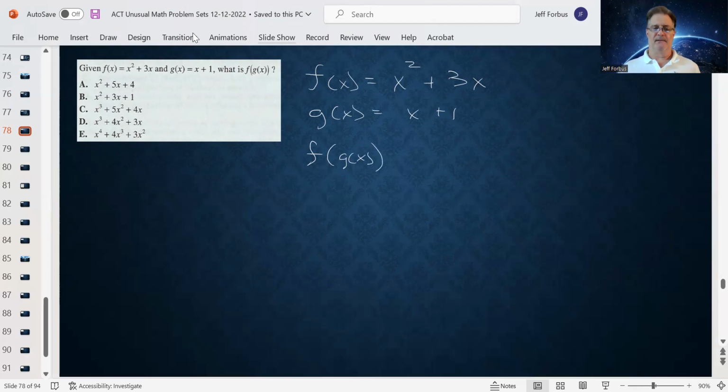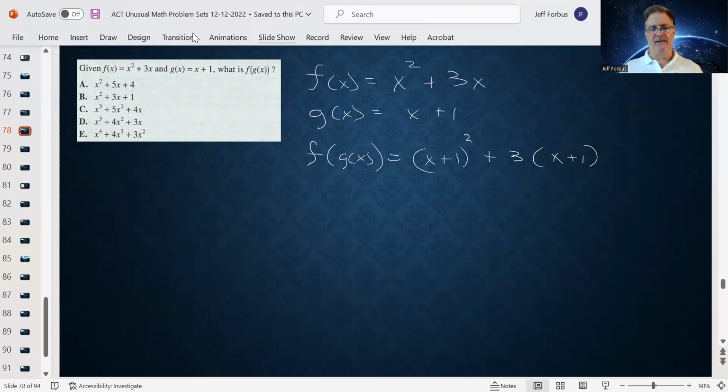This is asking us to take g of x and substitute into each x variable of f of x. So we're going to take x plus 1, put parentheses around it, square it, plus 3 times x plus 1. Now we have taken g of x and substituted into each x variable of f of x.